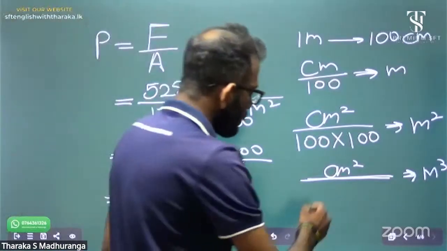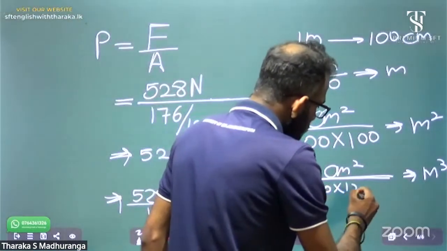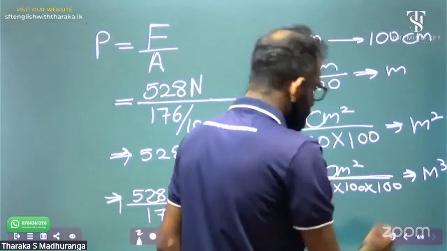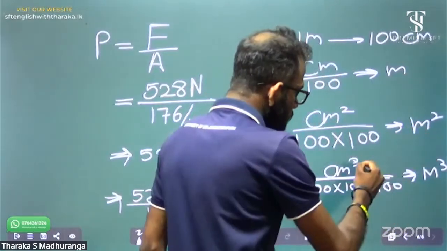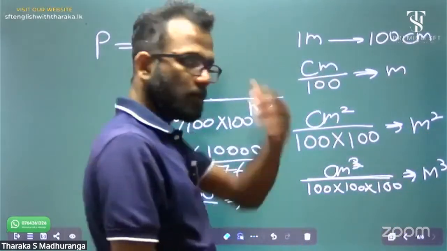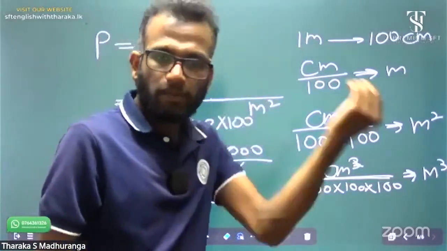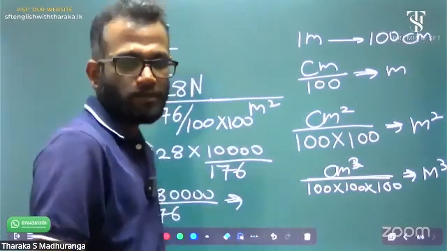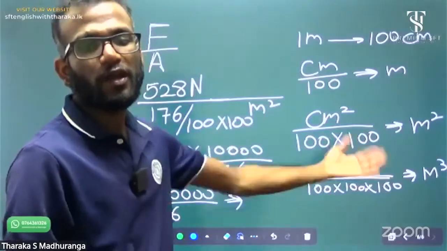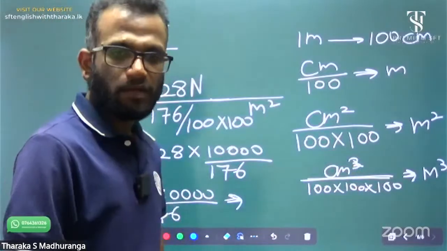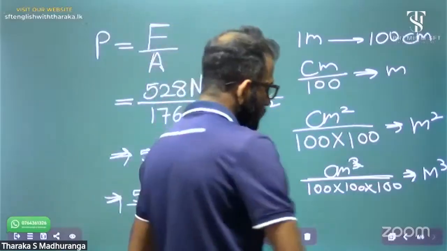Yes, divide by 100 into 100 into 100. Cubic centimeter converts into cubic meter, the volume standard unit, by 100 into 100 into 100, because it is three times.